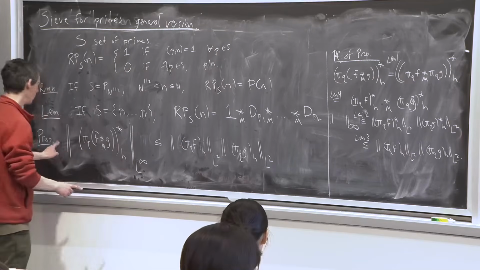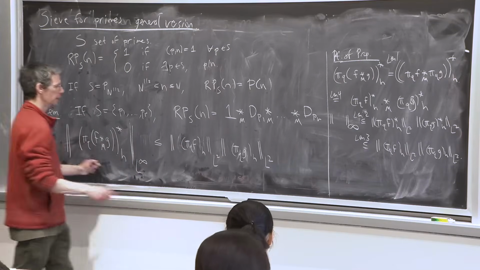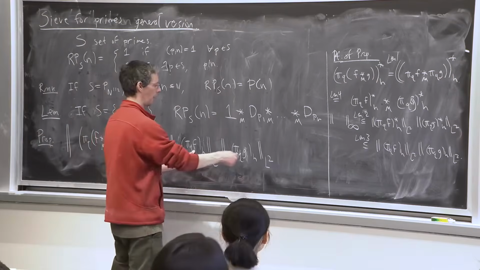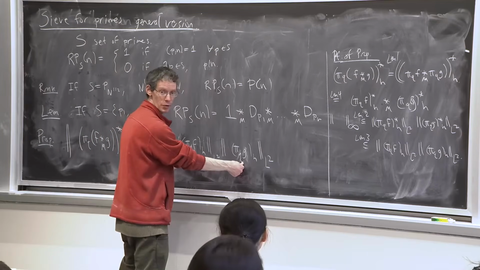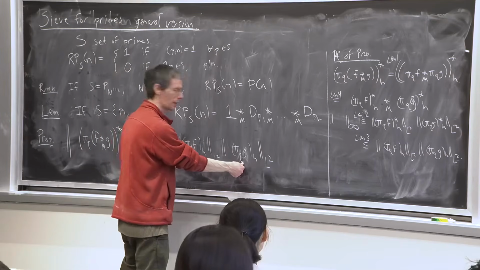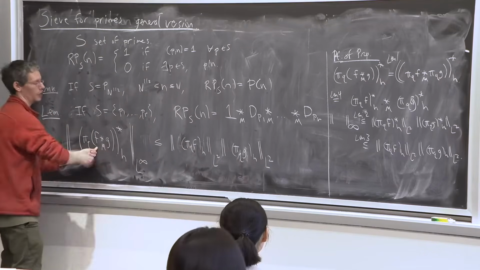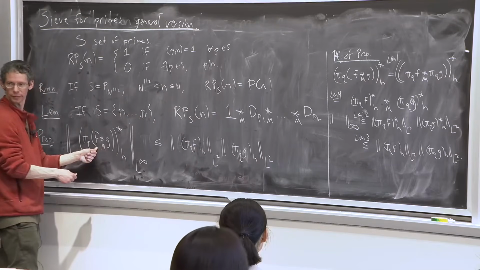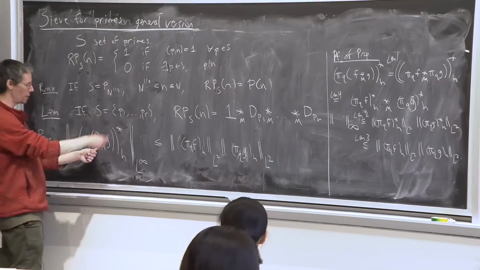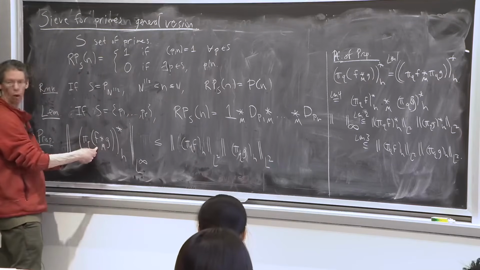OK. And the point of this proposition is that if pi q of f and pi q of g are pretty evenly distributed just at most a, then the projection of their convolution is pretty evenly distributed at every a. And so that's why being a convolution is helpful.